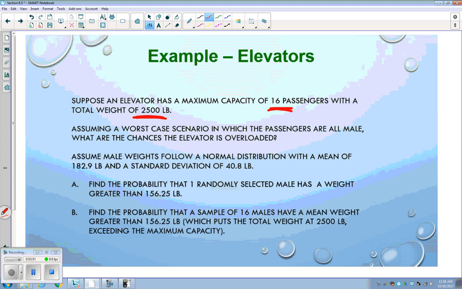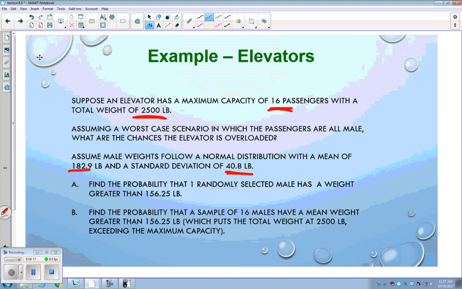Okay, so assume a male weighs as follows with a normal distribution of a mean weight of 182.9 and a standard deviation of 40.8. That's a pretty big range. Think about that normal curve. One standard deviation away is another 40 pounds. Wow. Okay.